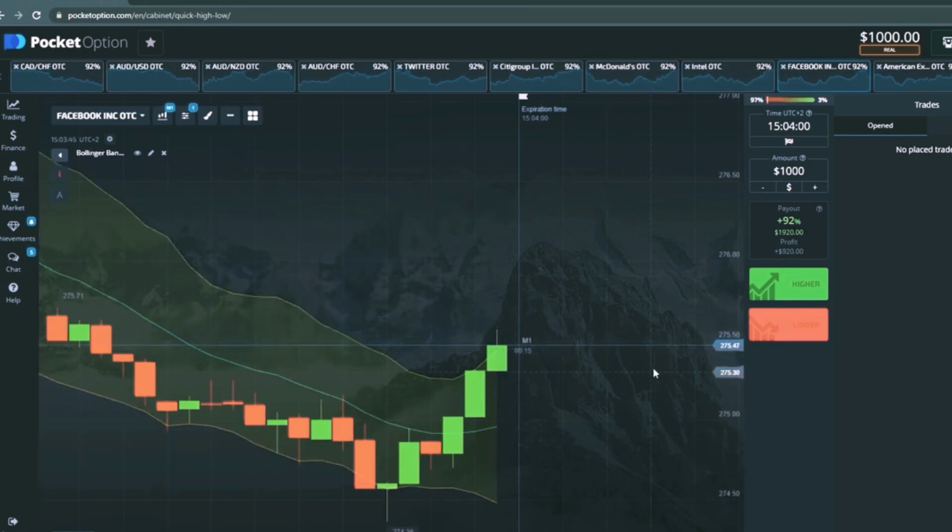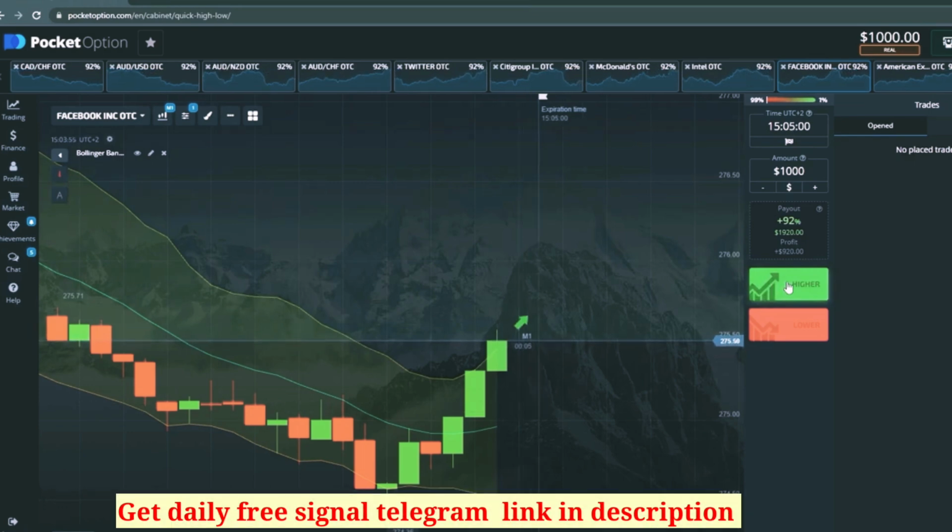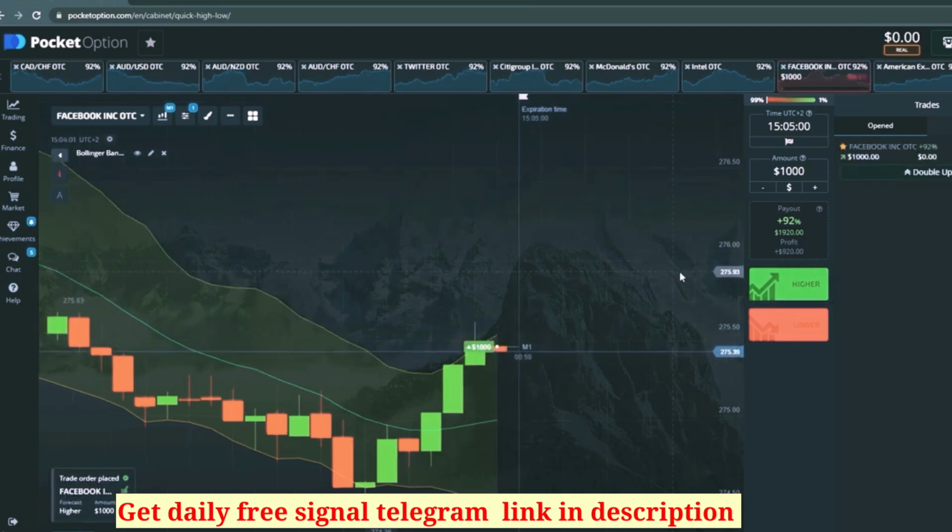Here a green candle is about to close outside of the bands, first for a long time, and the bands are opening up. When the candle closes outside, I will place a bet in the upward direction. I place the bet. Always wait for the candle to close before placing.